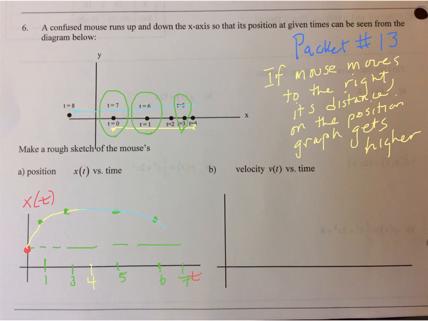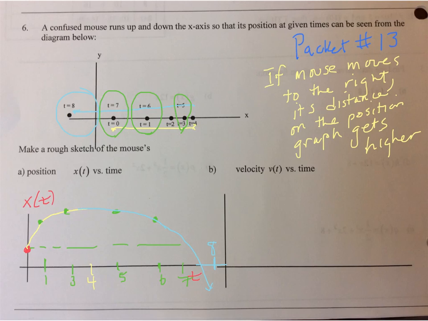And the last thing to take note of is the little mouse is now past the origin on our original graph. That means it has come down and gone through, and we show that on the position graph as being below the x-axis.